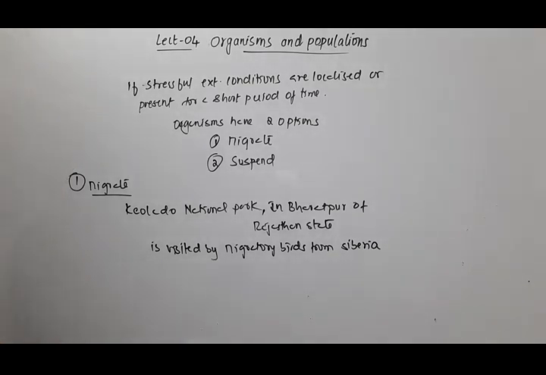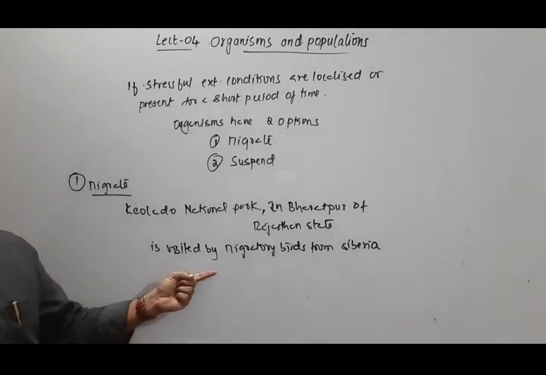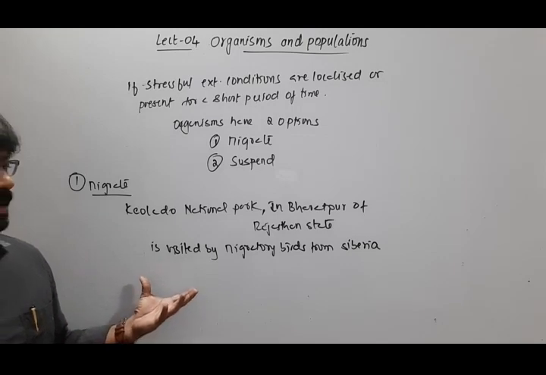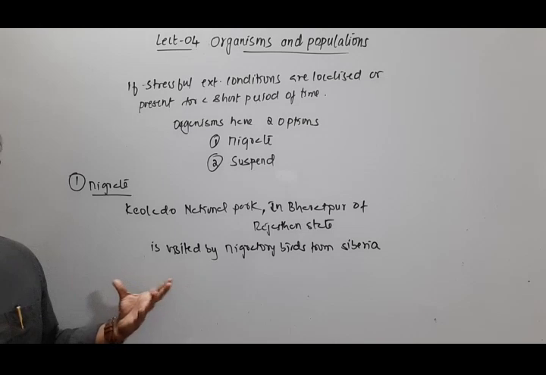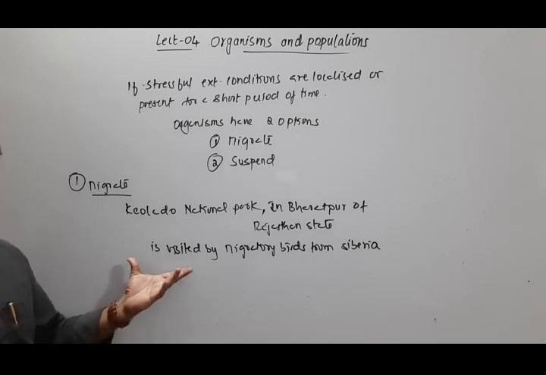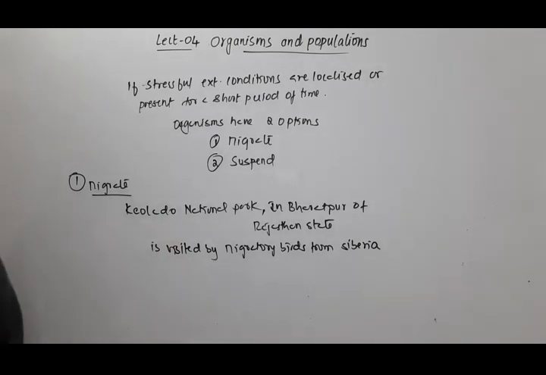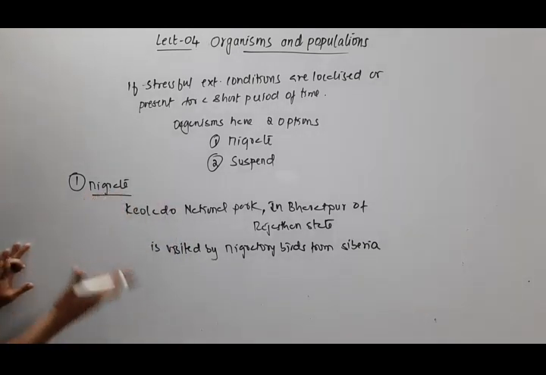without any problem. So in winter seasons in Siberia, the conditions are very cool, with temperatures going to minus 10 or 20 degrees Celsius. From that point, the migratory birds come to this park. Okay, that's about migration, and many other animals also do it.